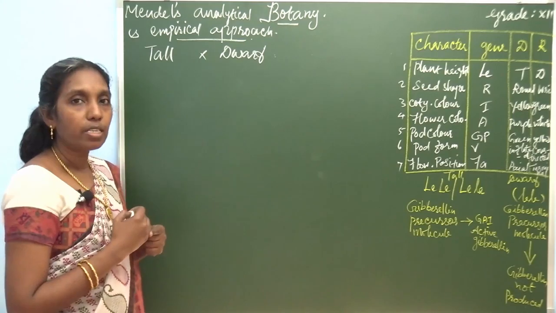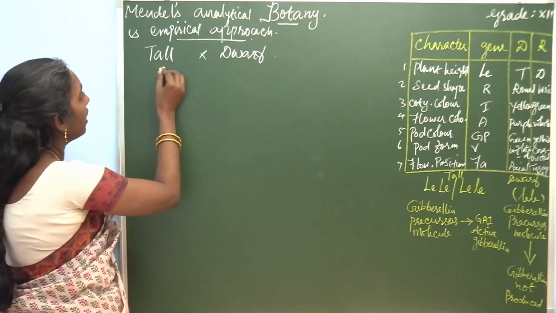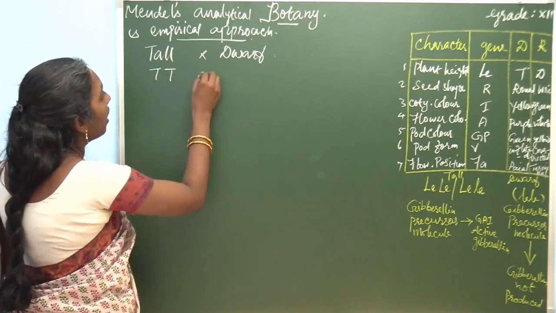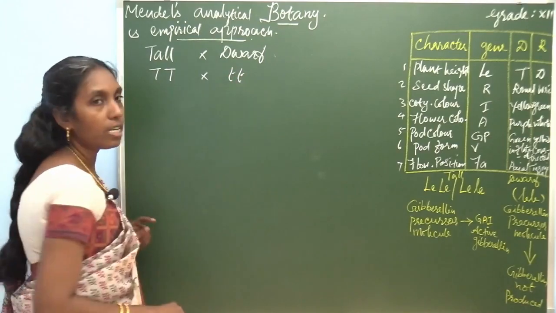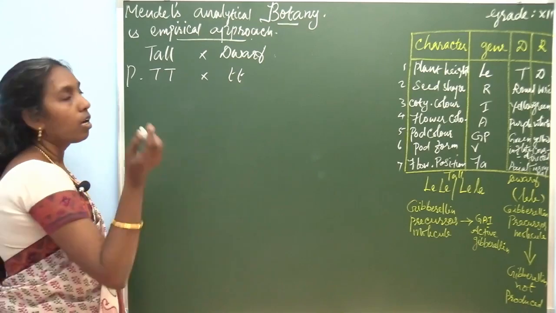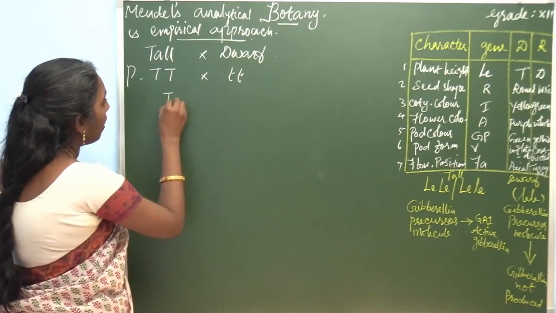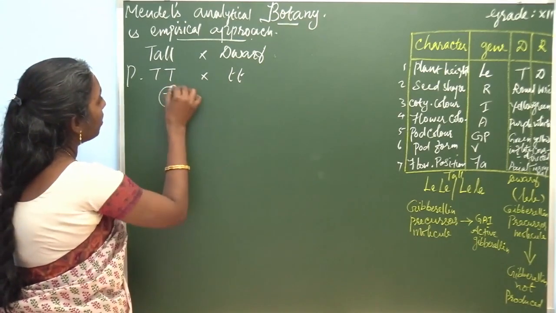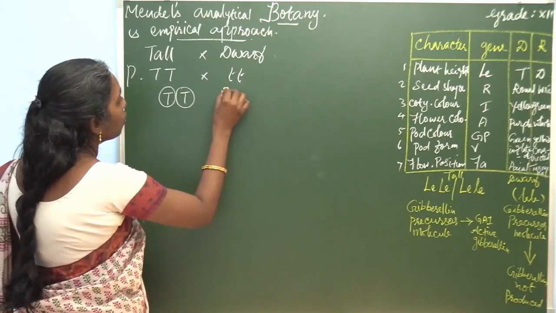Under monohybrid cross, tall is represented as capital T and dwarf as small t. So, these are the parents. When you take out the gametes, here capital T and small t.